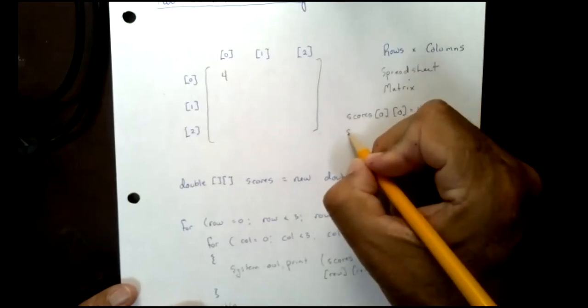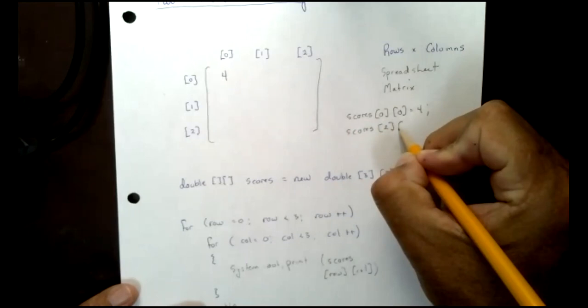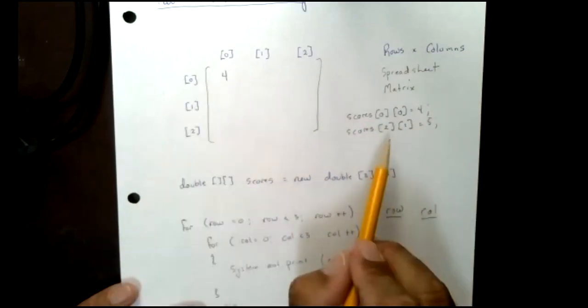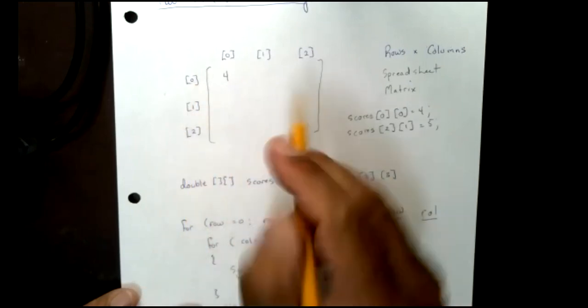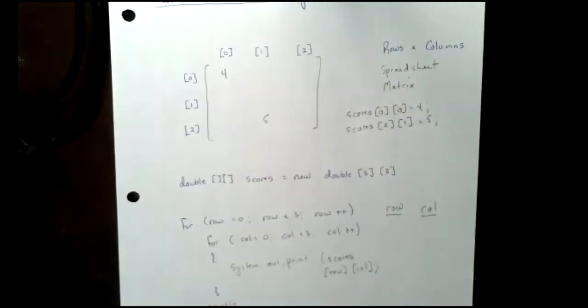And if I did scores sub 2, 1 equals 5, that means I would go to row first, row 2, column 1, and this would be location 5. So it's similar to a regular one-dimensional array, but instead it's two-dimensional. And there are times where this is an idea we want to work with. You could go with a three-dimensional array.